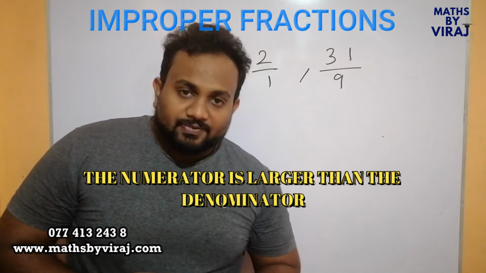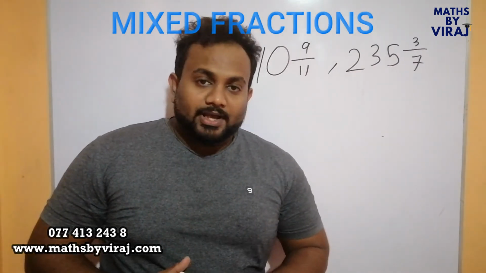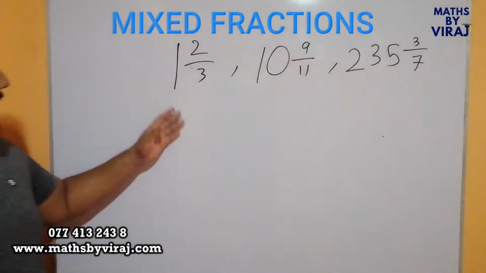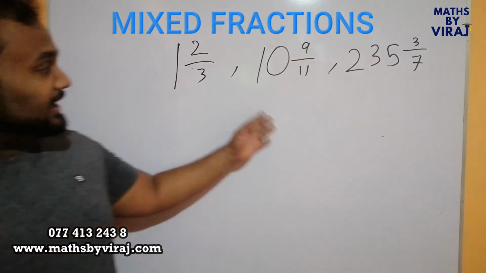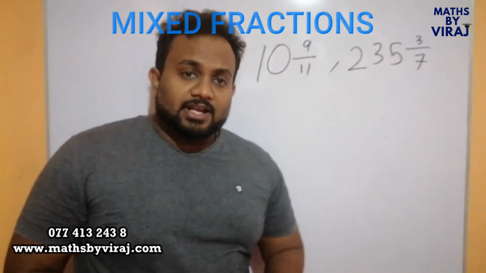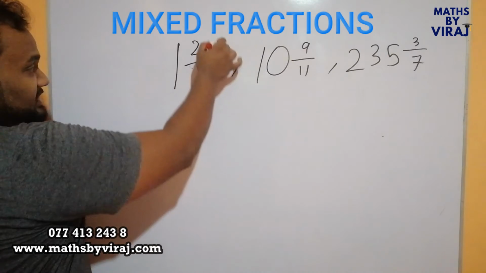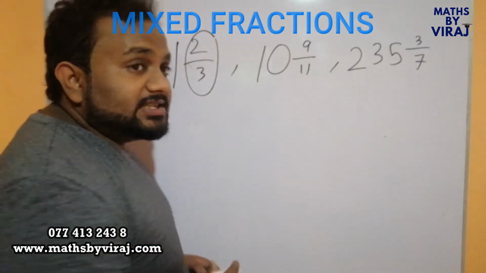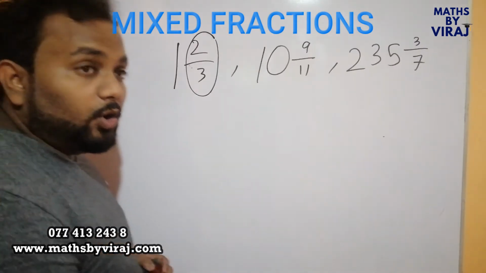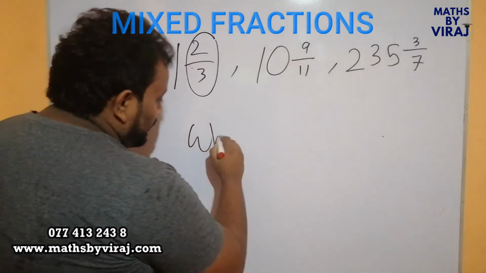Children, if you look at the board again, I have written three fractions: 1 and 2/3, 10 and 9/11, 235 and 3/7. Now you should understand that there is a fraction which is a proper fraction, and in front of that we have a whole number.